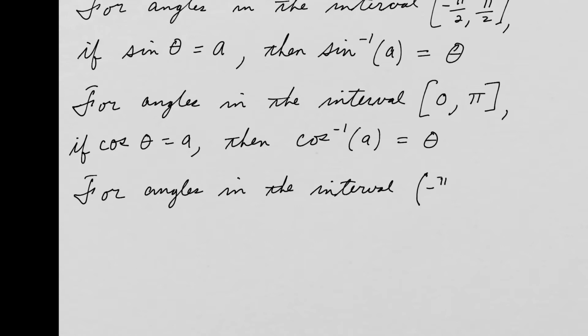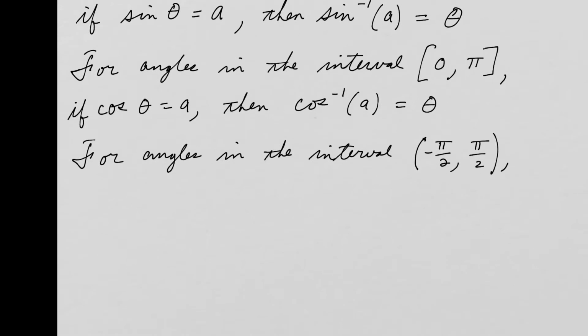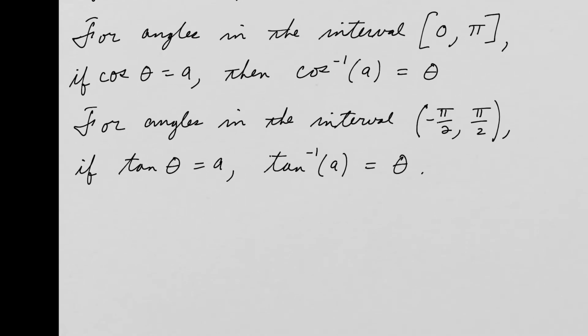So from parentheses negative pi over 2 to pi over 2, if tan of theta is equal to a, then the inverse tangent of a will give me back theta, right? And the angle will be in that interval. Okay, another way of saying this, and we can talk about the domain and range of the inverse functions. Let me do this on the next page.